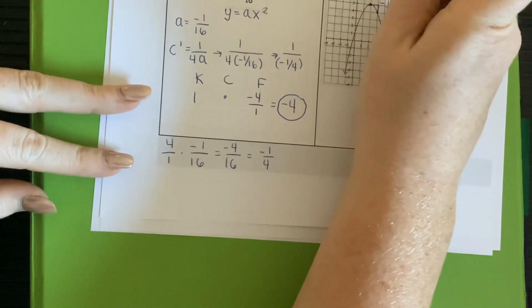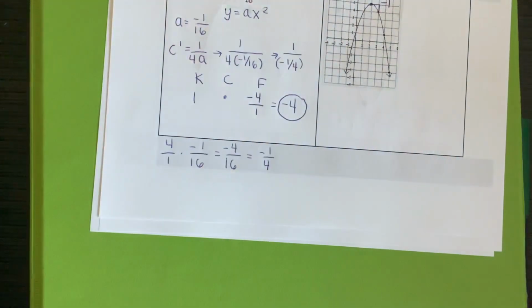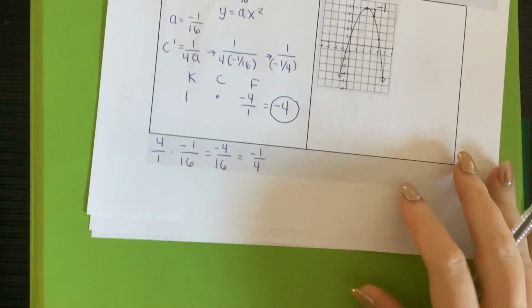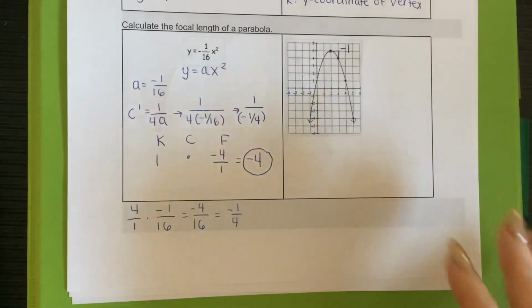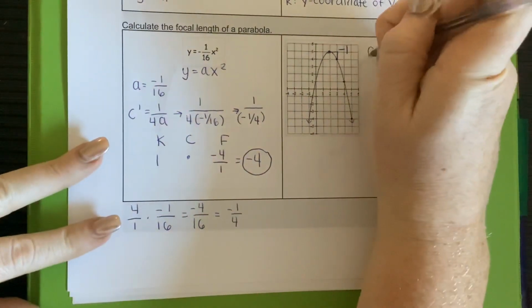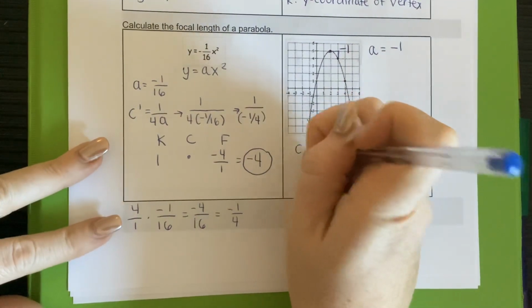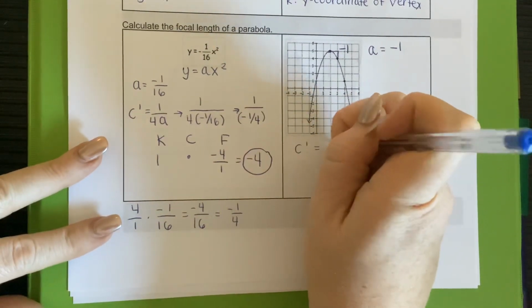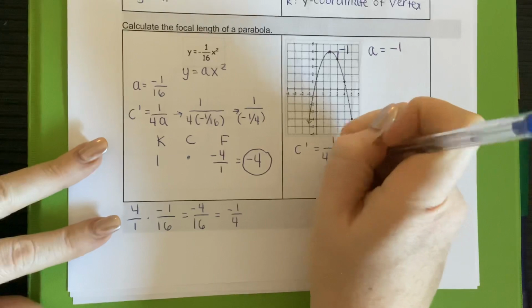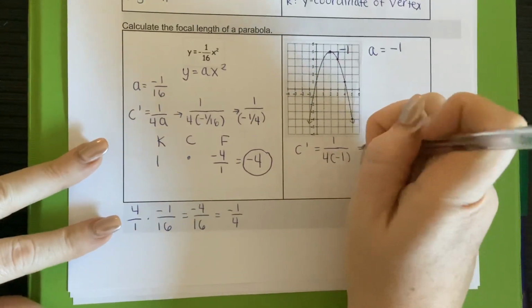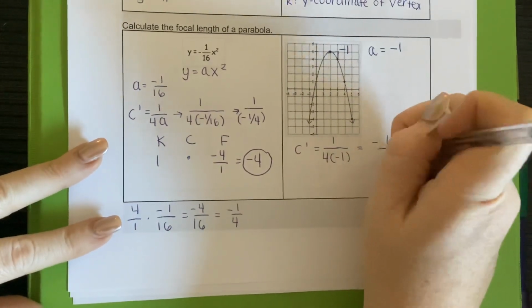That is a negative 1 a value because it's like a slope. We went over 1, we went down 1. So our a value is equal to negative 1. So if we do C prime is equal to 1 over 4 times negative 1, that is equal to negative 1/4.